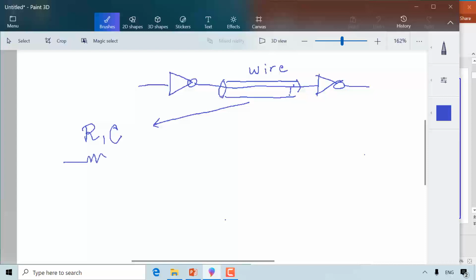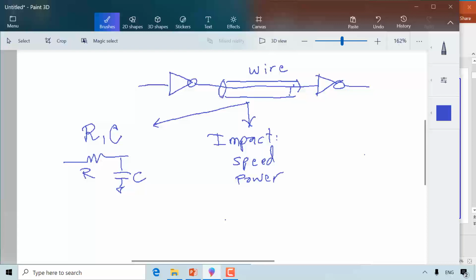So we would like to add this component into our circuit analysis because, as we know, wires impact the speed of the circuit, they impact the power of the circuit, and they impact the noise in the circuit. So these are the major impacts of interconnect.